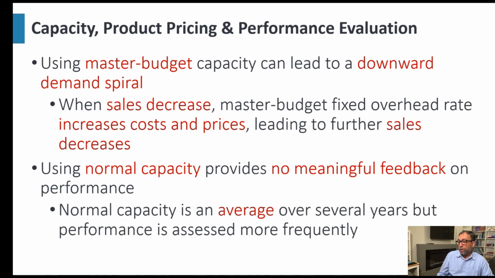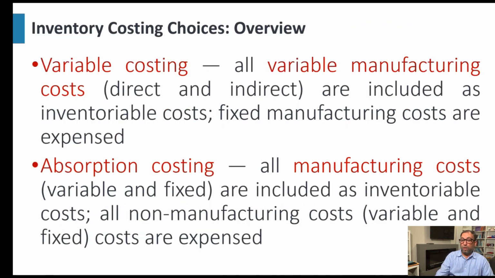If sales are already decreasing and we increase the price further because the cost is more, the sales go down further. That's a spiral effect if we apply the master budget capacity. Using normal capacity provides no meaningful feedback on performance. Normal capacity is an average over several years, but performance is assessed more frequently.